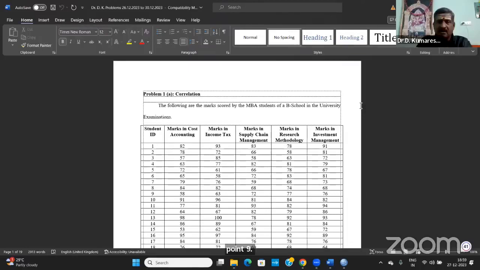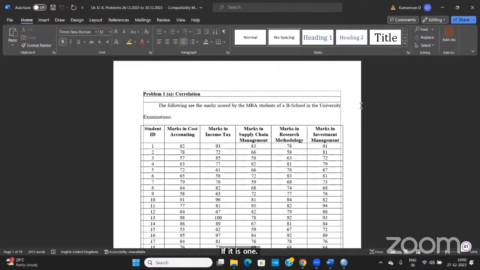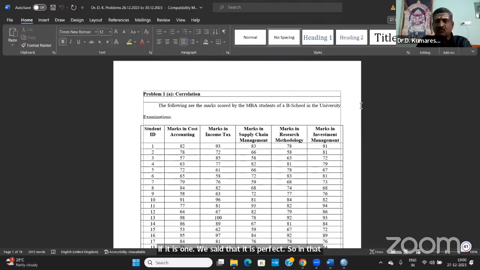Between 0.9 and 0.99, very high degree. If it is 1, we say that it is perfect correlation. So in that case, we can ascertain the degree of relationship. That's all.